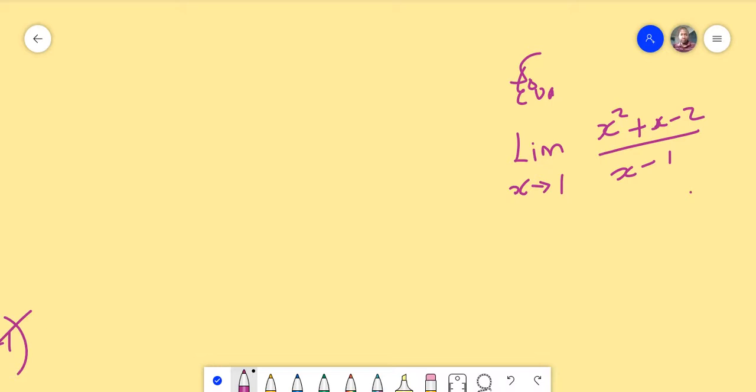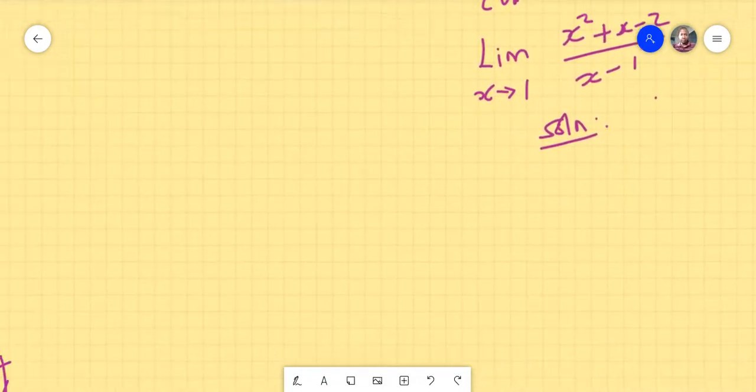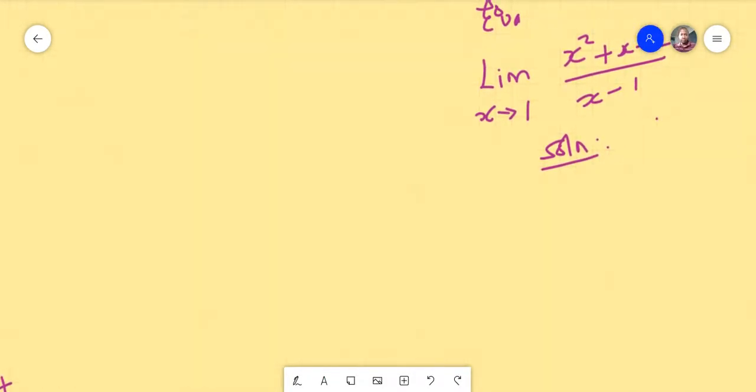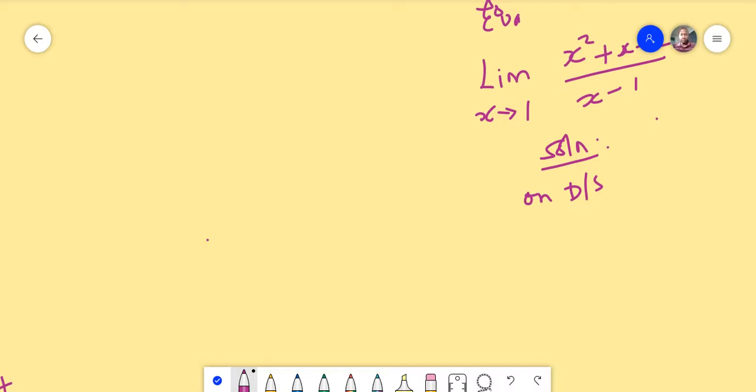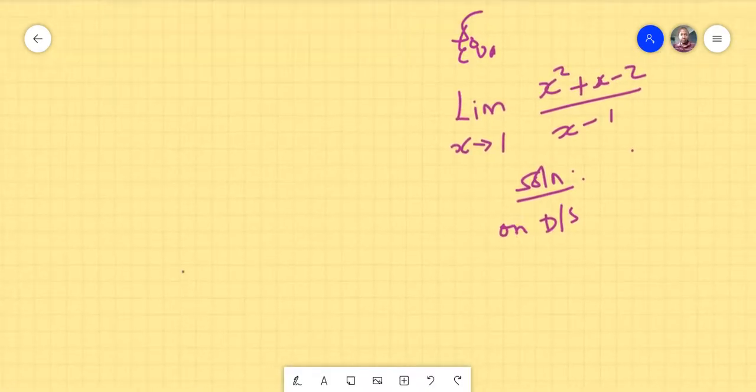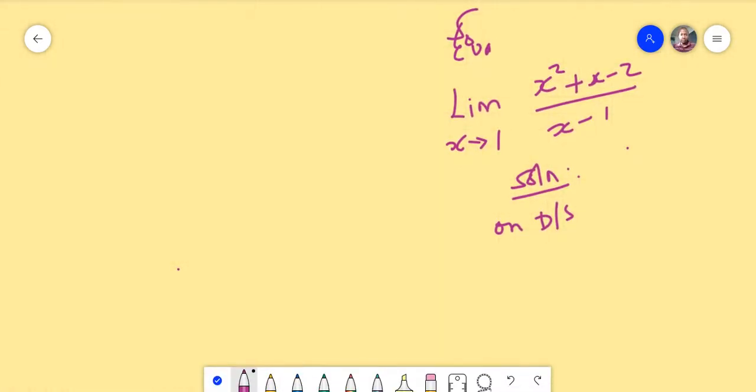Okay, so now the solution. I hope you've solved it, and now we are here to see the solution. First, on direct substitution, what are we going to get? Wherever there's x, we put 1.